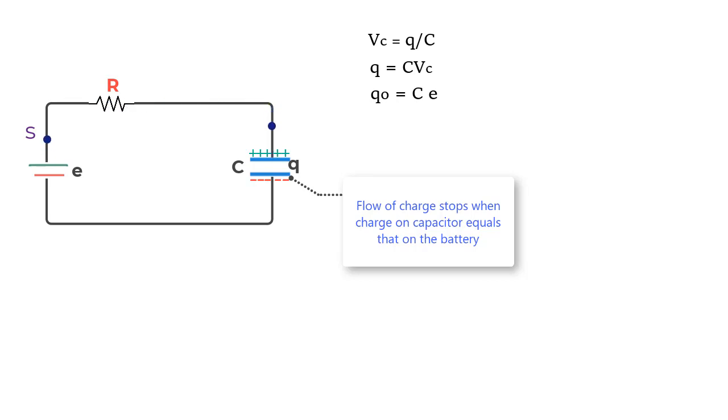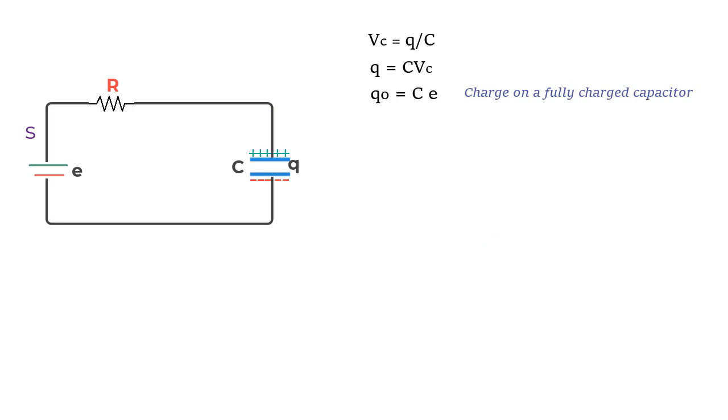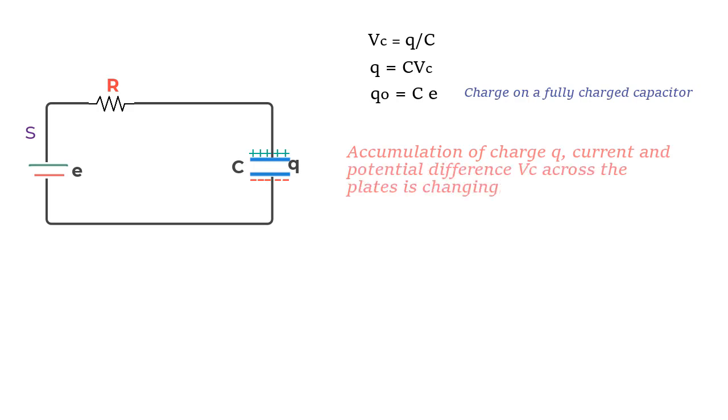And therefore you can say that during this time, that is time 0 to the time when the capacitor gets fully charged, the accumulation of charge Q, current and potential difference Vc across the plates is changing, and this is what we will try to understand with the help of an equation.